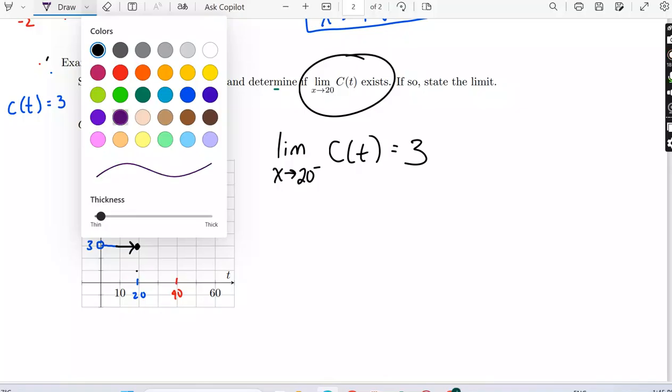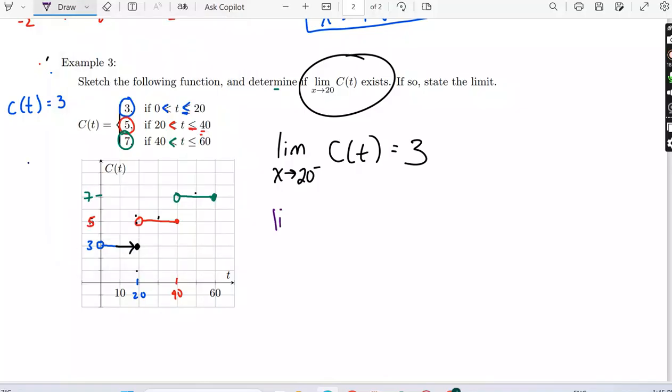Let's use purple. What about the limit as x approaches 20 from the right? It looks like it's approaching 5.